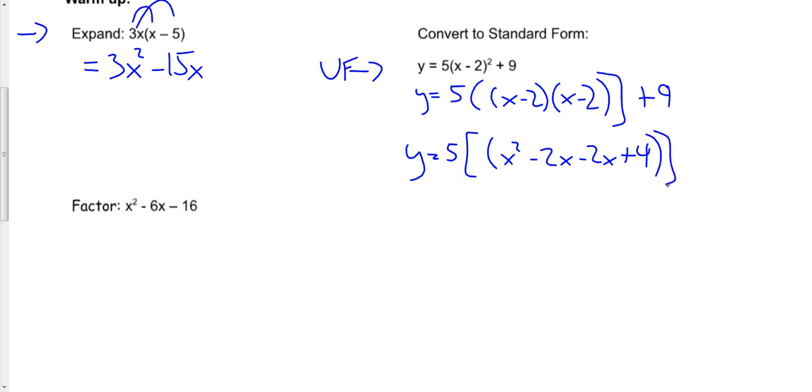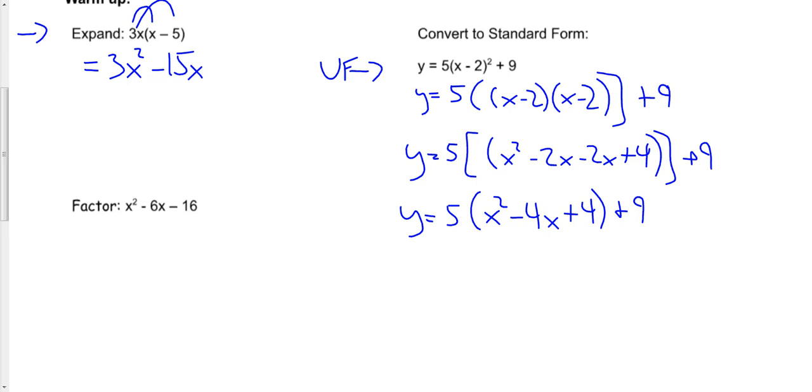Okay, and again, we got the plus 9 on the end. So now what I can do is I can collect all of my like terms. I'm going to have 5 times x squared minus 4x, because negative 2x plus negative 2x gives us negative 4x. Again, plus 4. And then we have the plus 9 on the end.